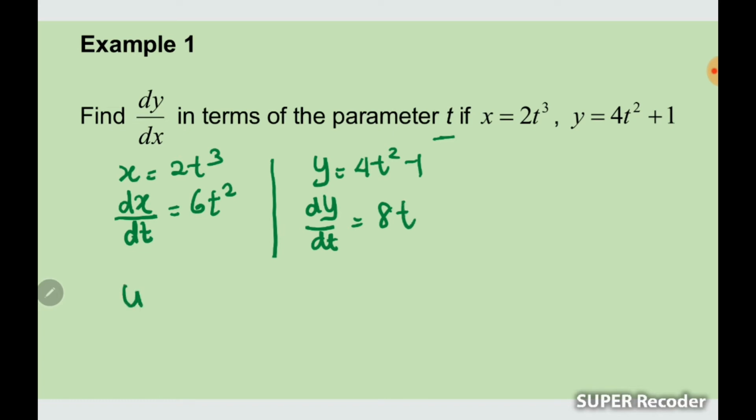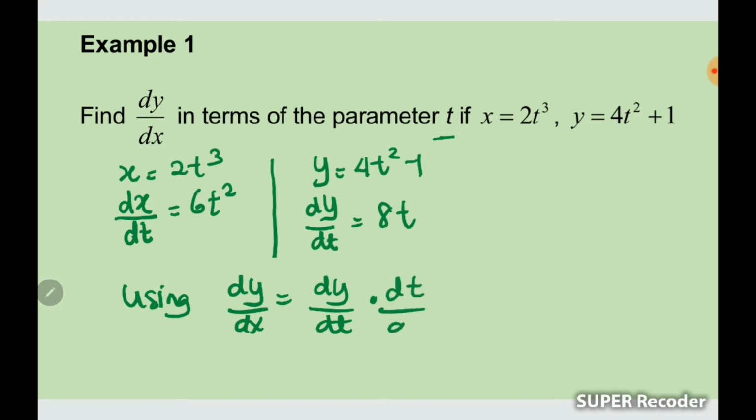Then by using the chain rule, we can get dy/dx is actually equal to dy/dt multiplied with dt/dx. So you need to substitute what is dy/dt. dy/dt is equal to 8t.